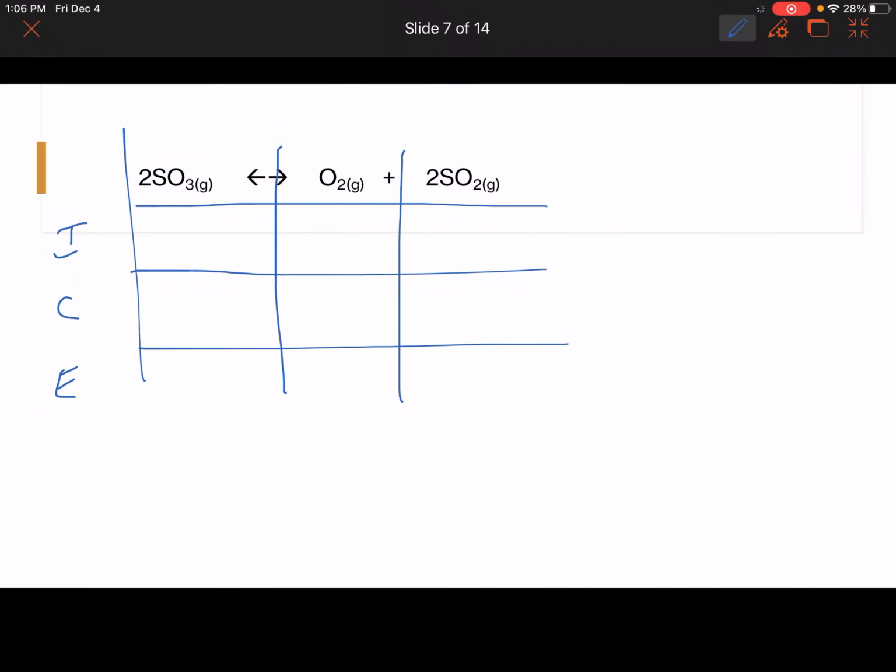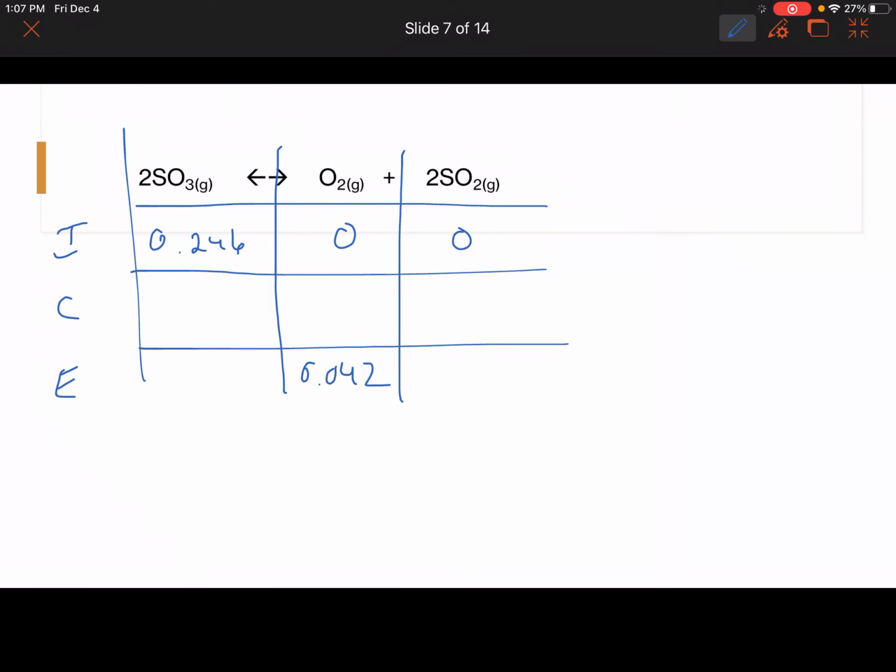Okay. So initially it tells me that I've got 0.246 moles of SO3. And so at this point I don't have any oxygen gas or SO2. Now the only other piece of information I'm given is that at equilibrium I know that I've got 0.042 moles of oxygen.